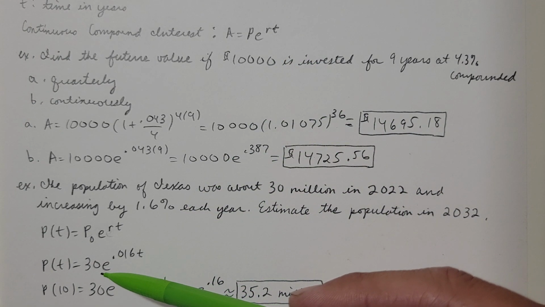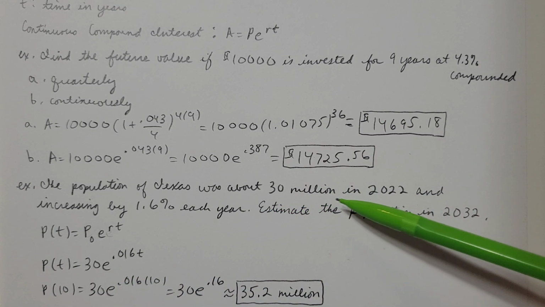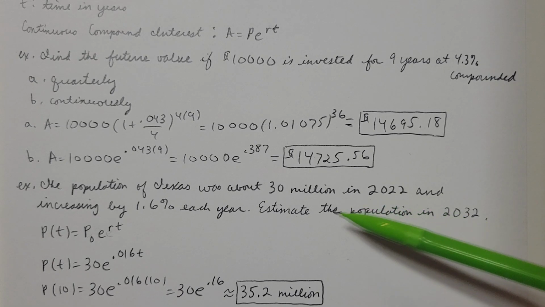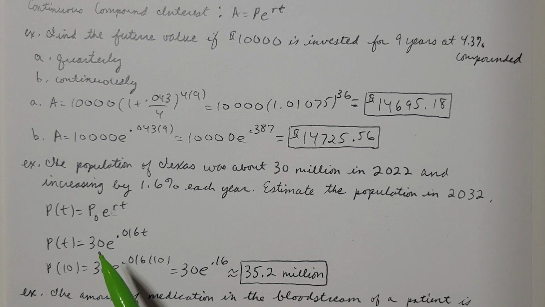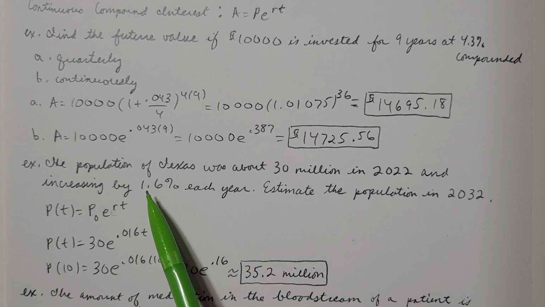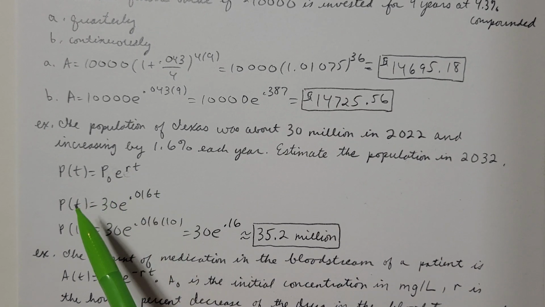P sub 0, that's the initial size, so 30 million people in 2022, and I'll just keep track that my number is going to be in millions here, so P sub 0 would be 30, we'll call it, times e to the power 0.016 is the r value, and then times t. Okay, so here's the formula that we're going to use in this problem.